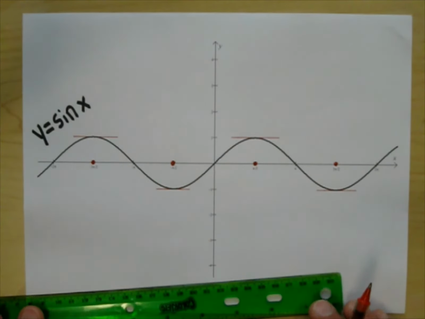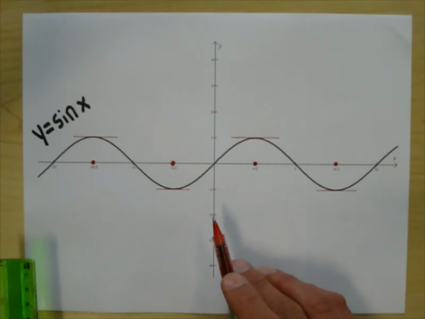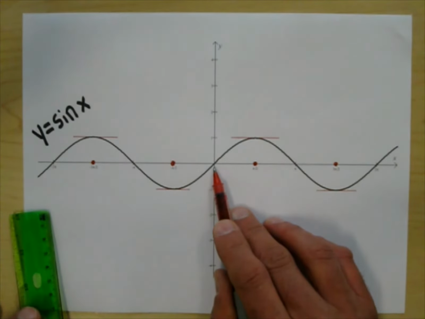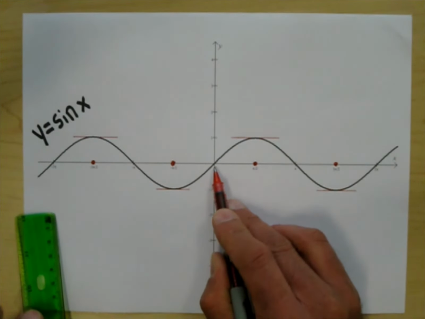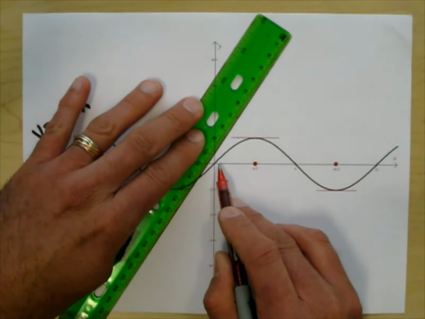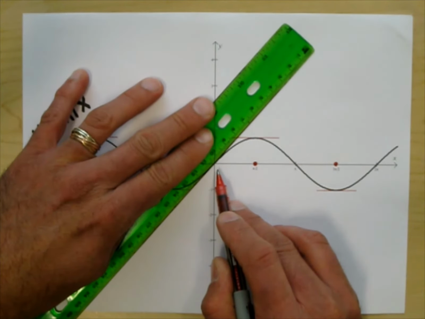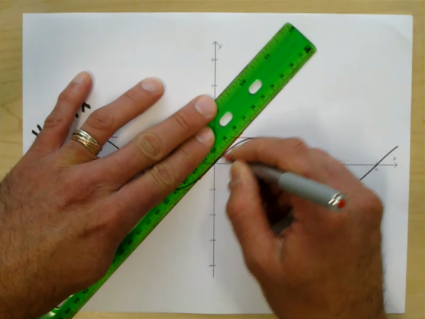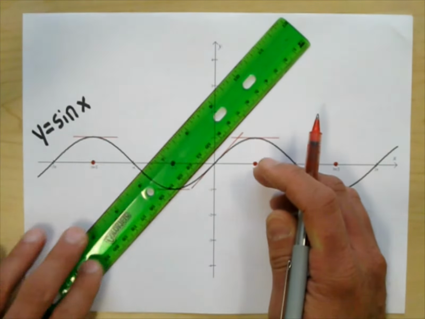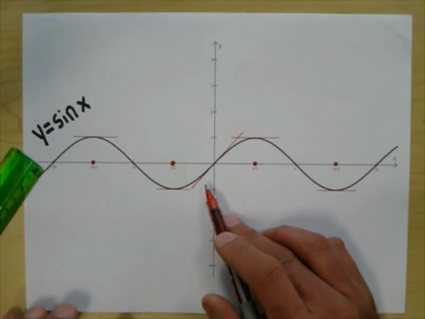Now look what's going to happen. I'm going to estimate the slope at x equals 0. So you have the point 0, 0 on the graph. Estimation is good and also bad because it's not really precise. But there's the tangent line right there.